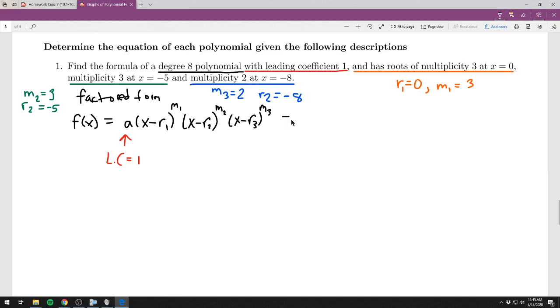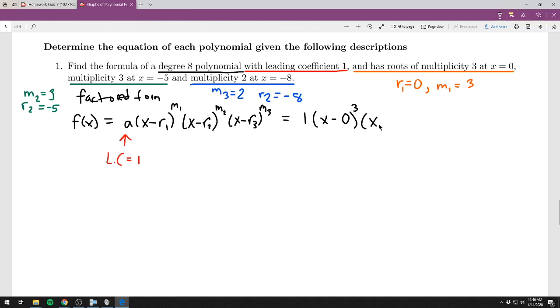Now go ahead and plug in this stuff. Once we plug it in, you'll kind of see how it works. And you might not have to go through all the little steps here. But we plug in 1 in front, our leading coefficient. We have x minus r1, which is 0, and we're being raised to the third power. The multiplicity of 0 is 3.